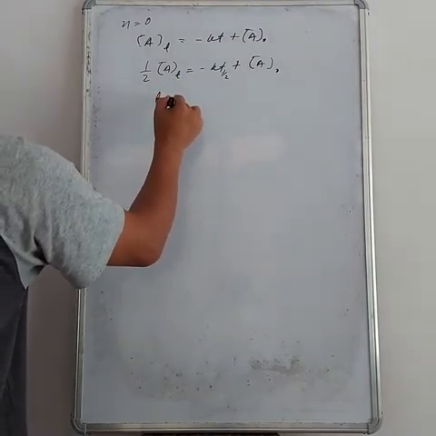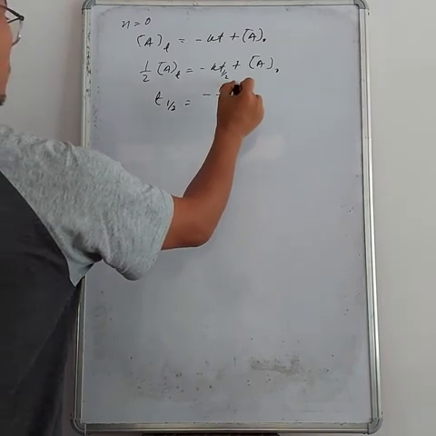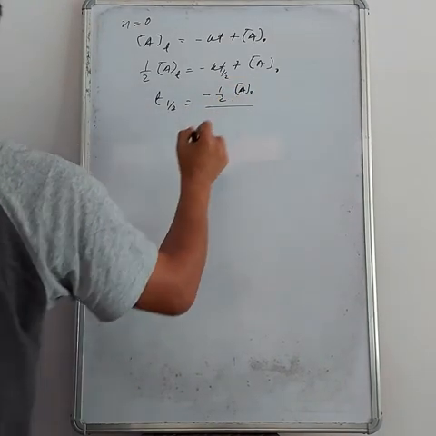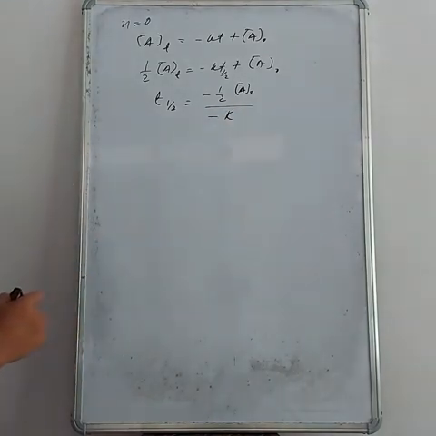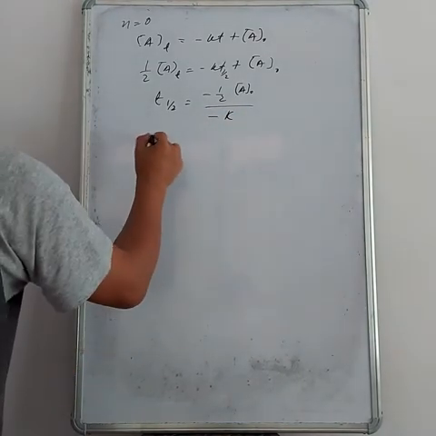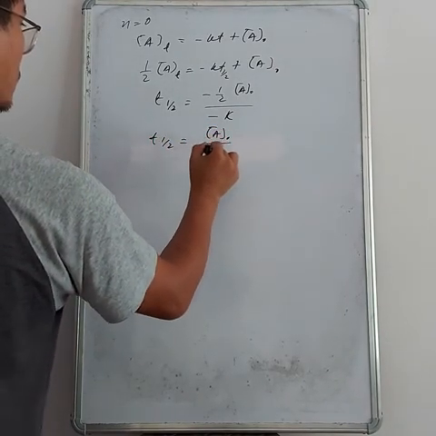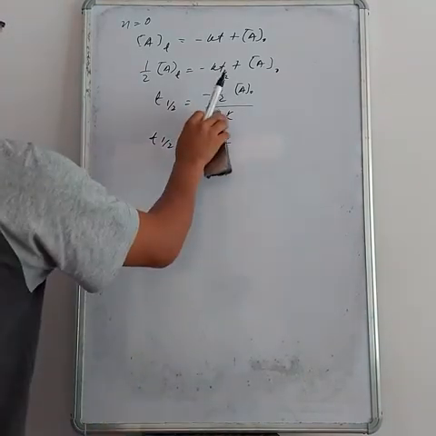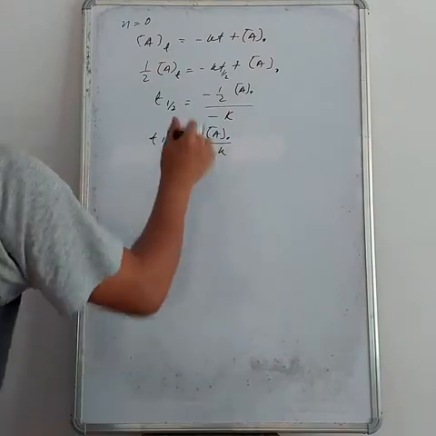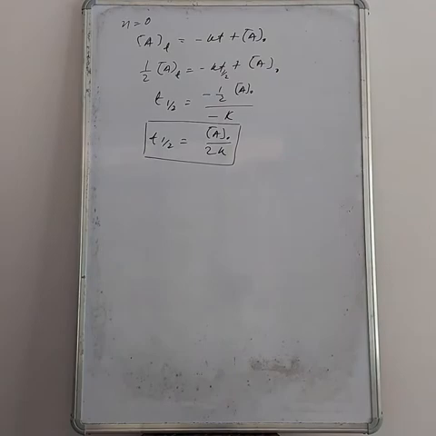So our time T half will be given by negative half of A naught over negative of K, or T half for zero order is equal to A naught over twice K. So that is our half-life of zero order reaction.